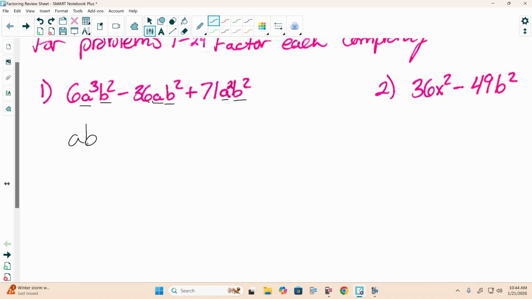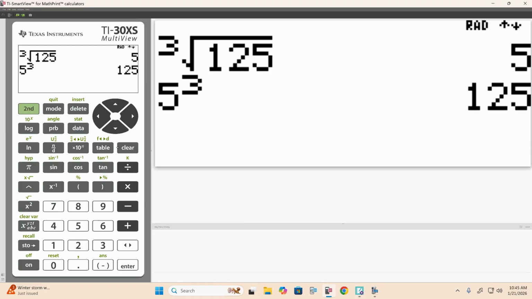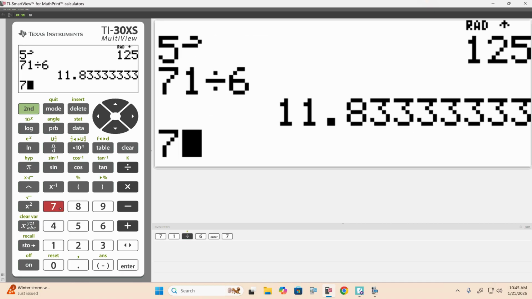Now our b term is also in common to all three. We have b squared, and b squared, so we can factor out a b squared. Now the other thing to consider is a number, seeing if there's a number in common with 6, 36, and 71. 6 and 36 have a common factor of 6, but we need to see if 71 has any common factors with 6. 71 is not divisible by 6.